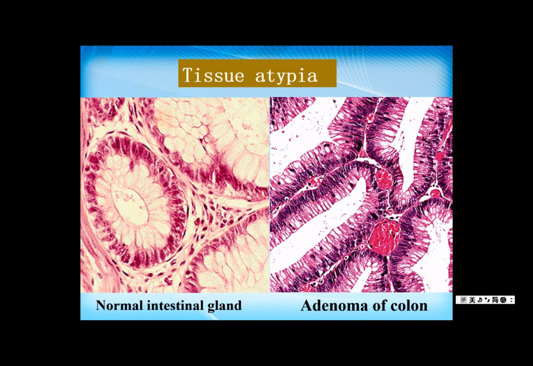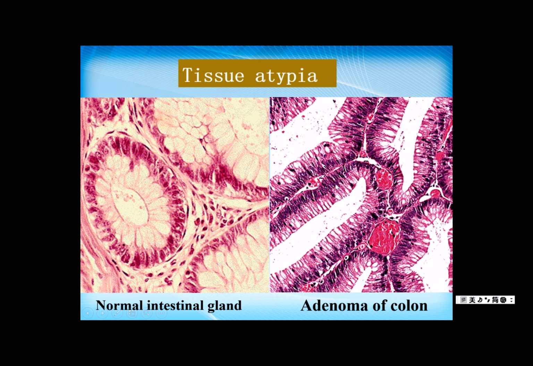This is another example. This is the normal glands, normal intestinal glands. The normal structure is, we can find one layer. This is just one layer. And this cuboid cell forms a glandular structure, just one lumen. This is normal structure, one layer and one lumen. How about this one?